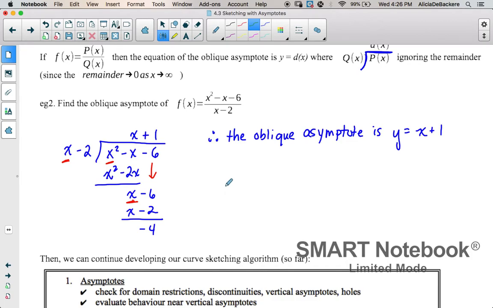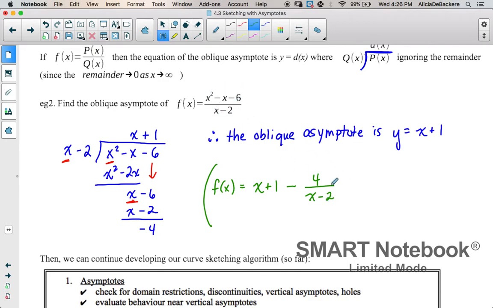And just to explain the whole remainder bit, remember from advanced functions that when you wrote your statement, you would say that the original function, this division statement here, is equal to the quotient plus the remainder divided by the divisor.